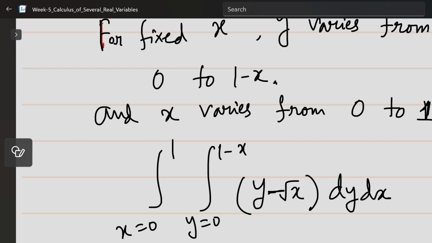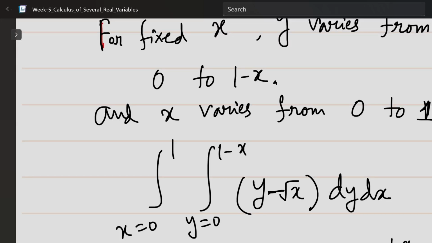So just integrate directly. If you integrate with respect to y first, that is half y square, y from 0 to 1 minus x, and root x, being a function of x, comes outside as a constant, into y from 0 to 1 minus x.